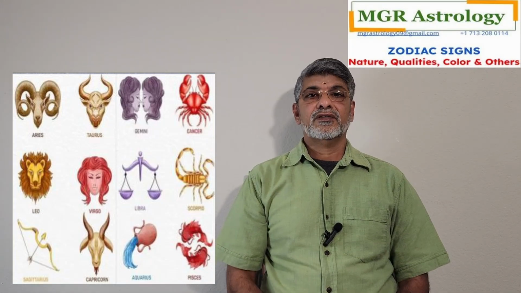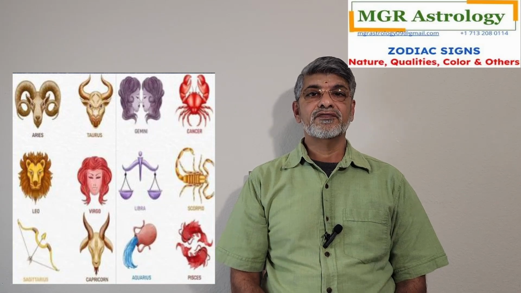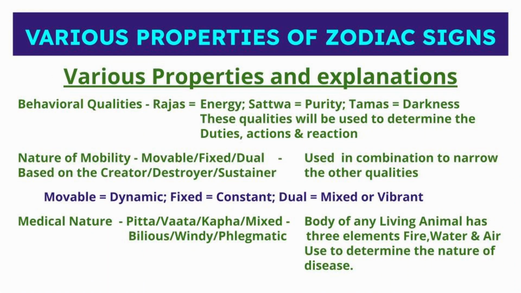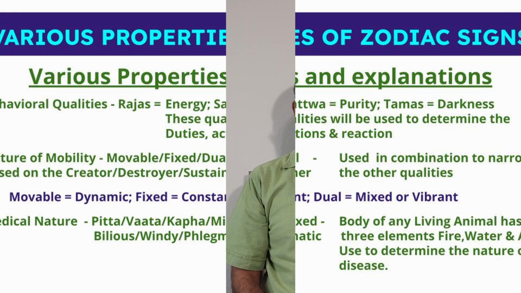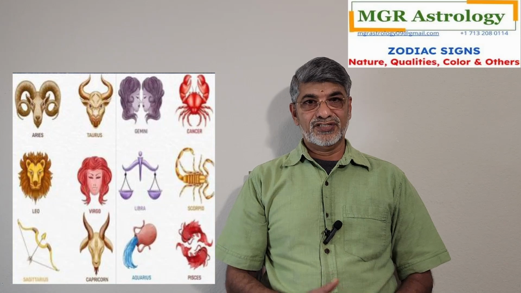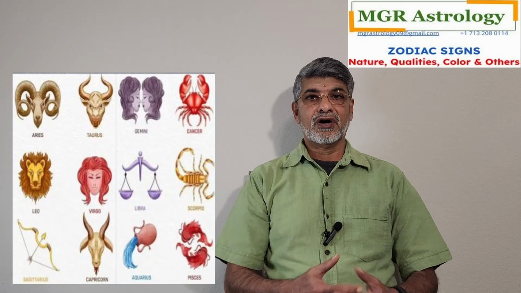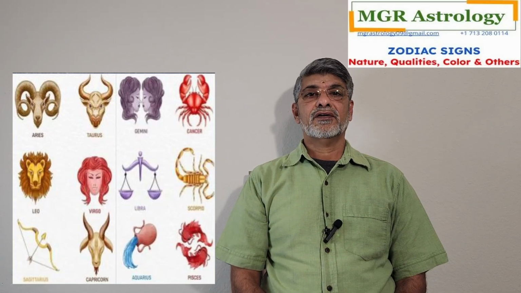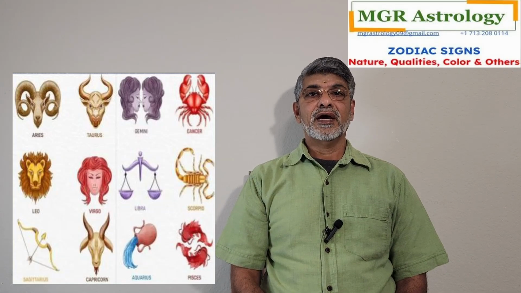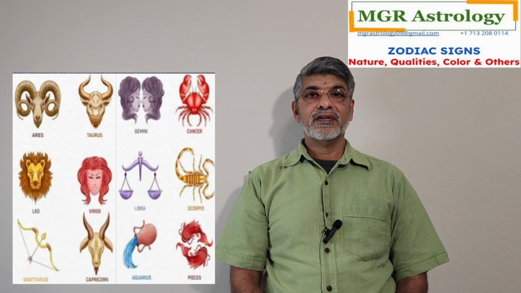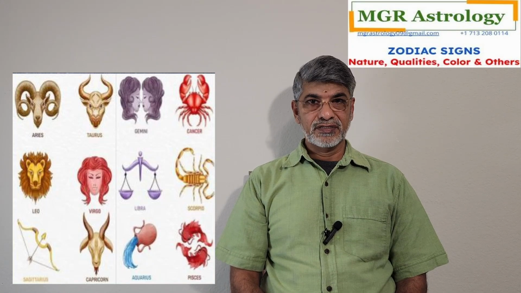The fifth property we are going to see is the behavioral quality of rasis or signs. There are three behavioral qualities according to Vedic astrology. One is called Rajas, the next one is Sattvic, the third one is Tamasic. Rajas is equivalent to energetic behavior, those who are active and rise to the cause. The second quality, Sattvic, is puritan, found in people who uphold justice and don't care about petty things.